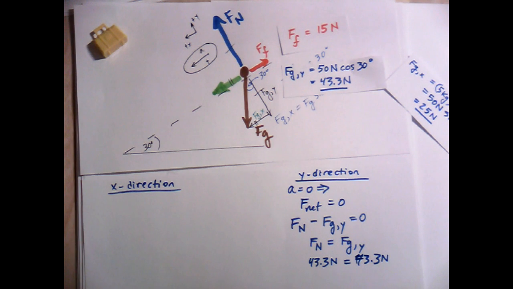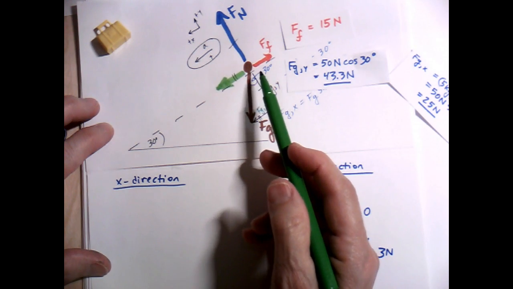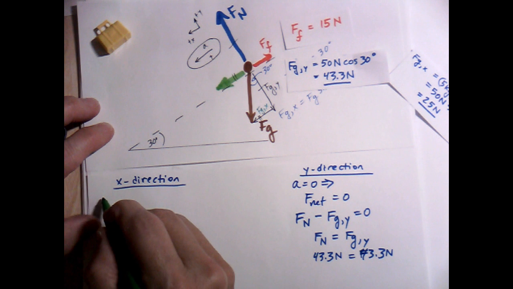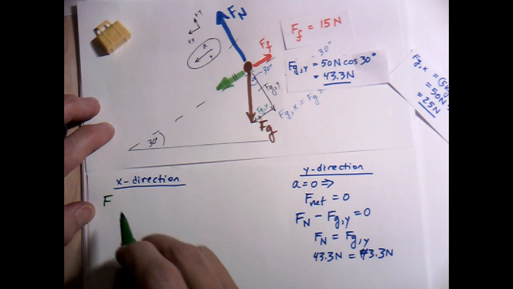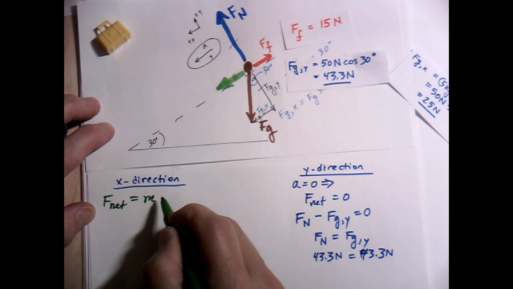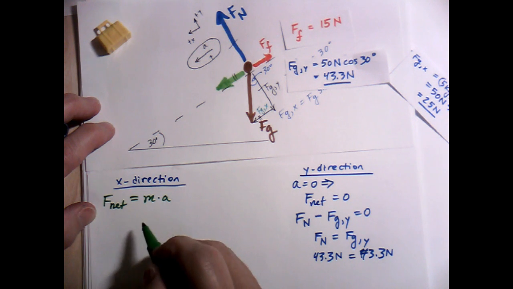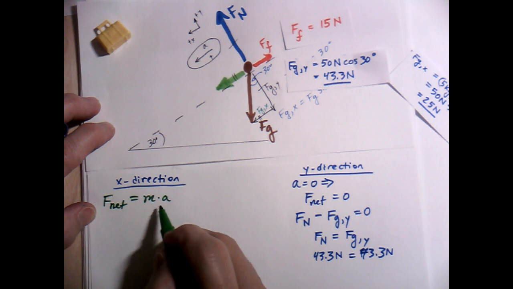What we were asked to do is figure out what's going on in the x direction. So let me take a green pen to do the x direction, and let's say that based on the free body diagram, the net force is equal to the mass times the acceleration. So that's restating Newton's second law. And acceleration is going to be happening down the ramp.